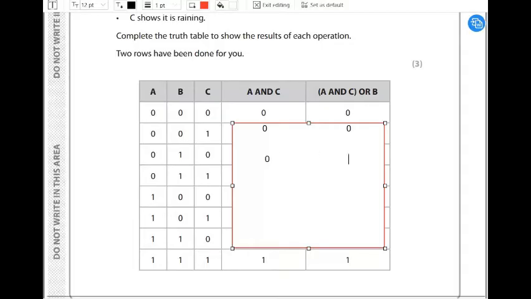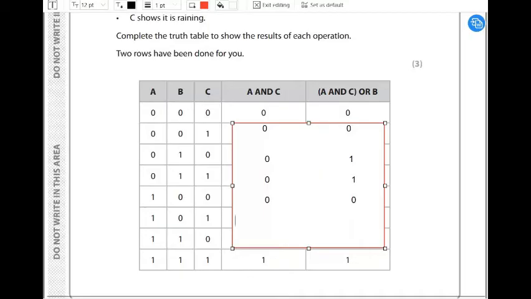A and C or B, that's going to be a 1. 0, 1, 1. That's going to give you a 0. And this one's going to give you a 1. 1, 0, 0. So A and C, this one is going to be a 0. And A and C or B is going to be 0.